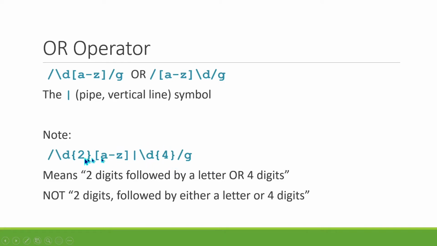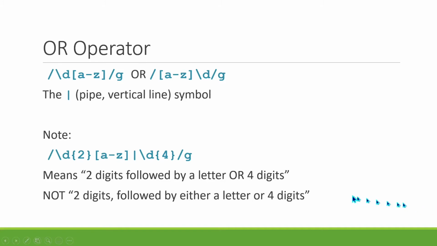If you wanted to say 2 digits and then those 2 digits might be followed by a letter or those 2 digits might be followed by 4 more digits, you'd have to write that differently using capture groups, and we're going to cover that in the next video. But for this, it's this whole pattern or that whole pattern. So that's something you want to watch out for when you're using the OR operator.